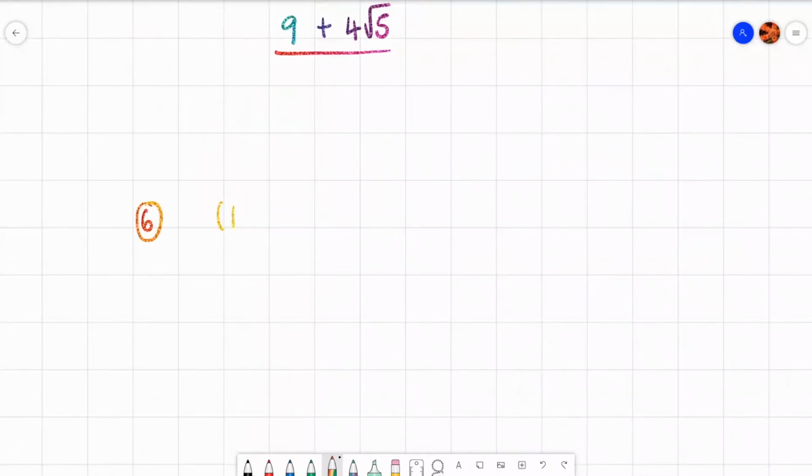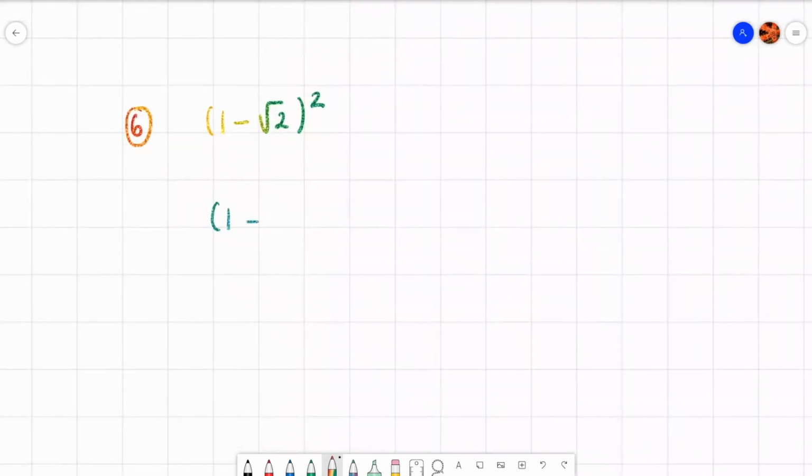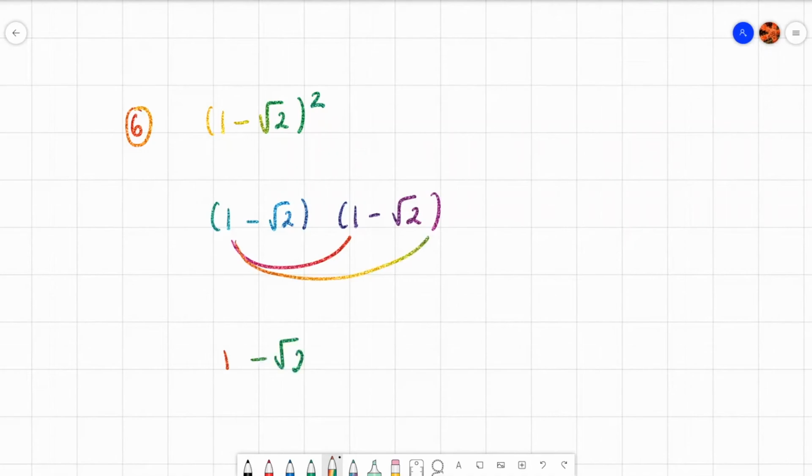Let's do 1 subtract root 2, all squared. So again, that's double brackets because it's squared. 1 times 1 is 1. 1 times minus root 2 is minus root 2. Minus root 2 times 1 is minus root 2 again. And then minus root 2 times minus root 2.